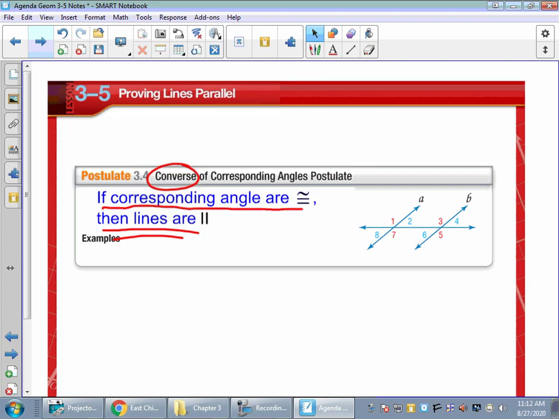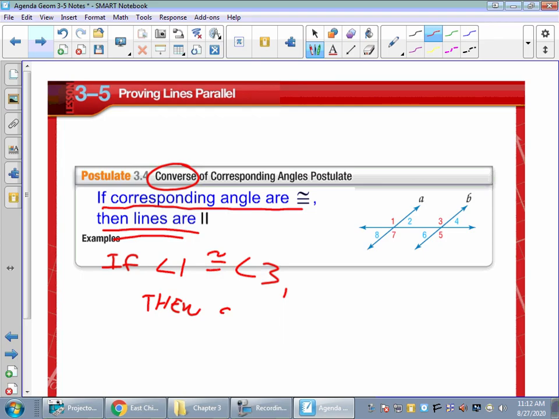So, for example, if angle 1 is congruent with angle 3, because those would be corresponding angles, then we could say that line A is parallel to line B over here to the right.